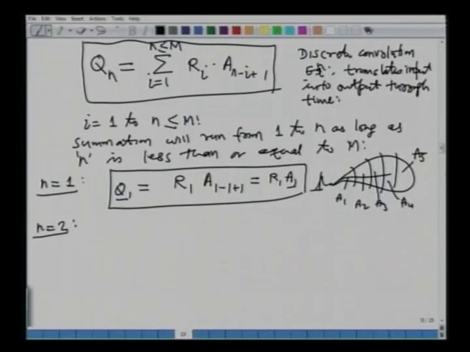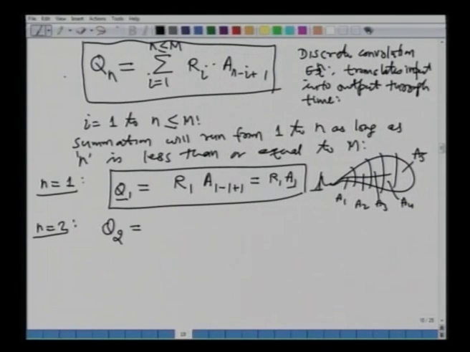So, small n is equal to 2 in this equation. So, q at the end of second hour will be equal to what? How many terms will be there in the summation? Small i varying from 1 to small n, and the value of small n is 2. So, there will be 2 terms. So, i will run from 1 to 2.